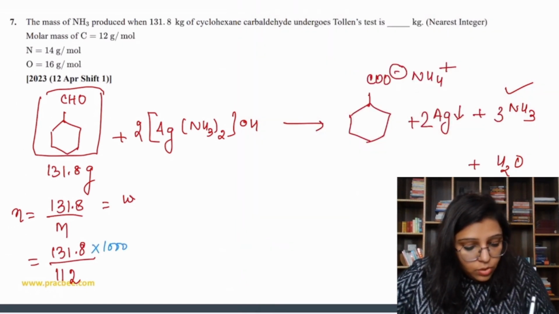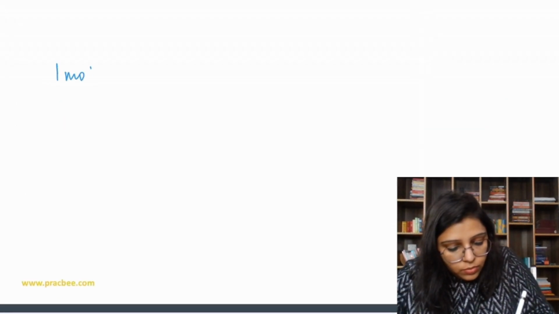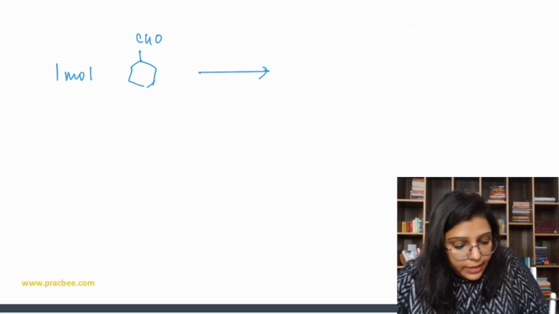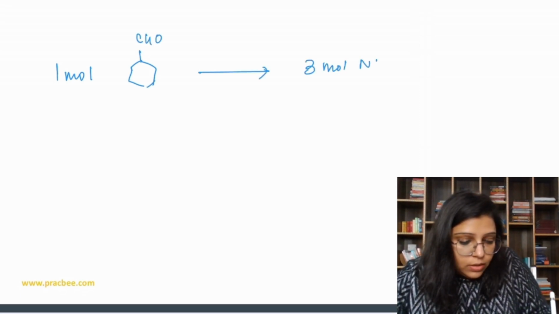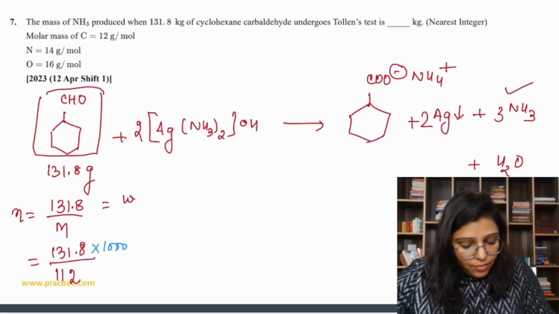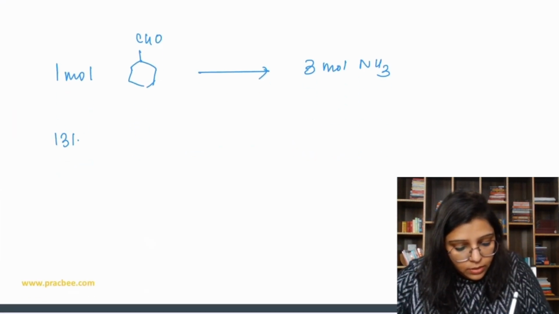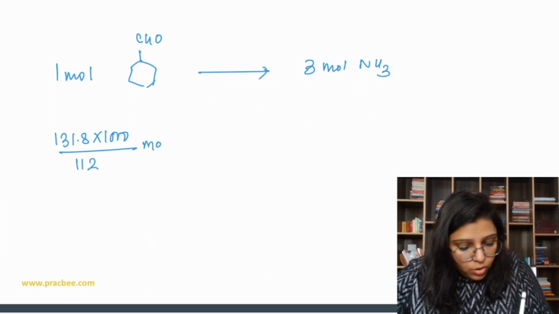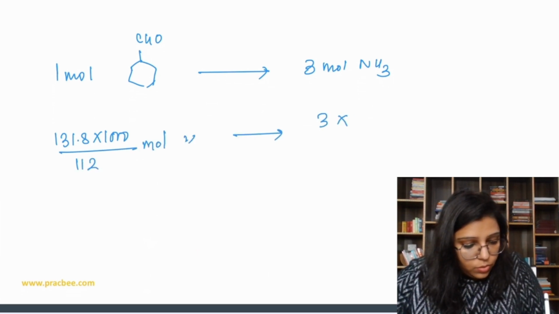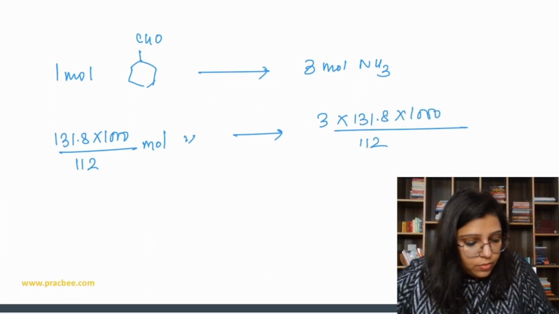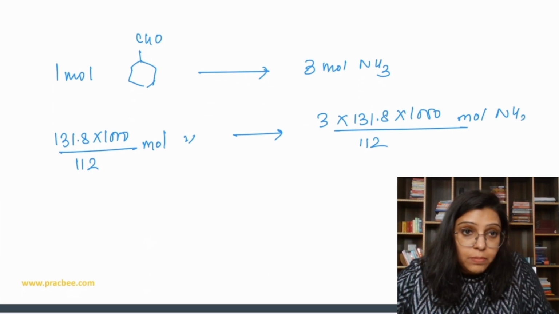We know that 1 mole of this cyclohexane carbaldehyde gives 3 mole ammonia. So if we have 131.8 into 1000 upon 112 mole of this, it gives 3 into 131.8 into 1000 upon 112 mole ammonia. We have to find mass.